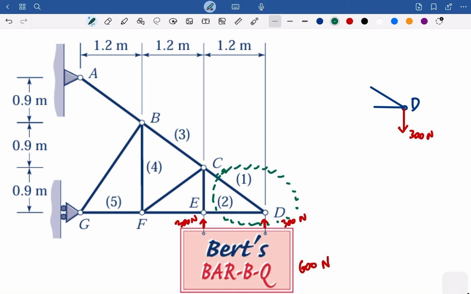Or perhaps I think better is to look at this triangle here. This is 0.9 and 1.2. So if you have 9, 12, the other one will be 3, 4, 5, right? Okay, you get it?